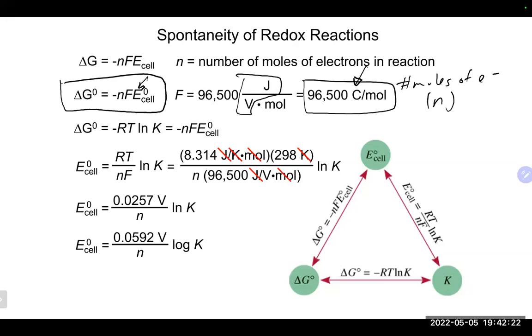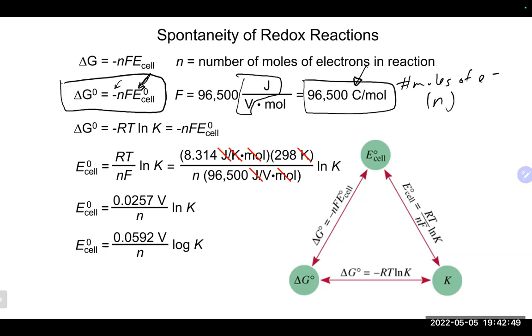Just like if I had a negative cell voltage, that negative at the end is going to turn my delta G into a positive number, which means that the reaction would be non-spontaneous. So that's why when we say positive voltage is good, a spontaneous process should occur. If you have negative voltage, then it is going to be a non-spontaneous process.